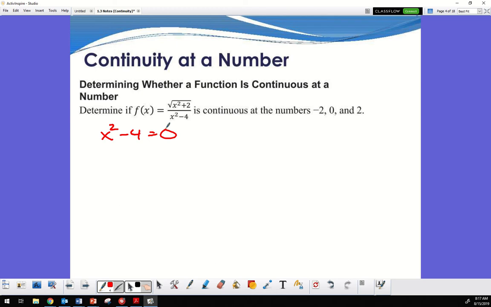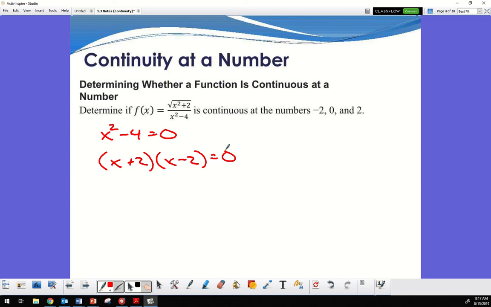So now at this point, I'm going to factor that. And what are you going to get? x plus 2, x minus 2. That is my difference of squares again. So I factored it, I got a difference of squares, and when I set each one equal to 0: if x is positive 2 here, this equals 0, and if x is negative 2 here, this equals 0.